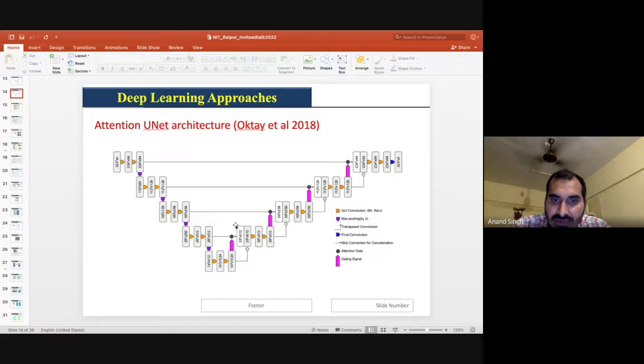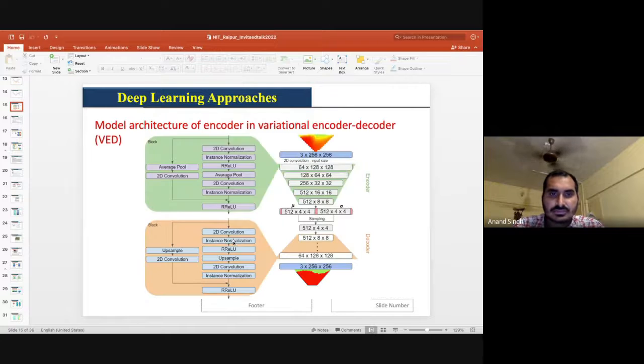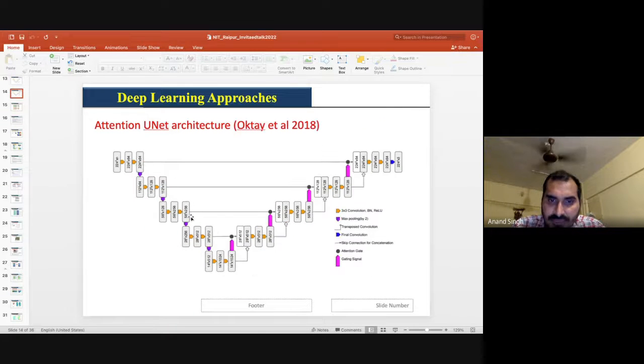For example, here at certain locations we have kept the attention. We call this an attention gate. Here we keep, you can say, a check and balance on whether we are going in the right pathway or not. That is why it is slightly different than this one, because we have kept attention gates here, here, here and here, to make sure that we are moving in the right path.